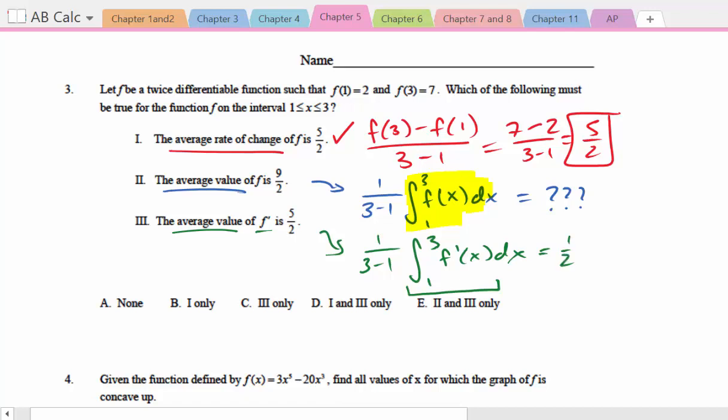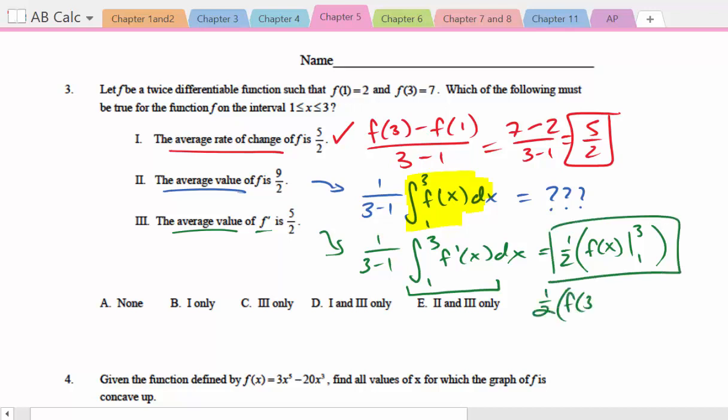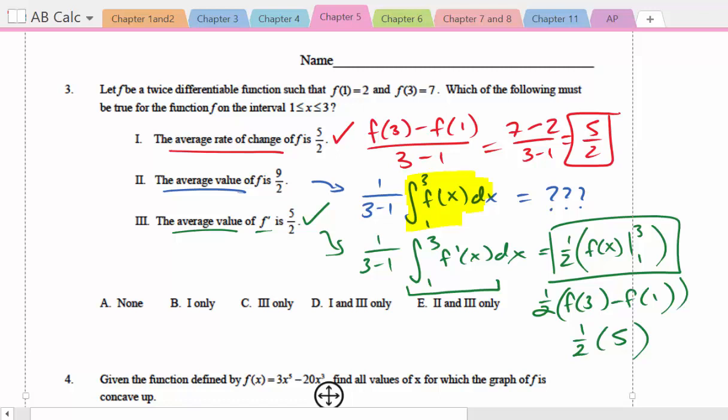This would be 1/2 times the antiderivative of f prime, which is plain old f, and I'm evaluating this from 1 to 3. That's your first fundamental theorem of calculus. So if I look at this carefully, this would be 1/2 times f of 3 minus f of 1, which is 5, which ends up being 5/2. So this one's true as well.